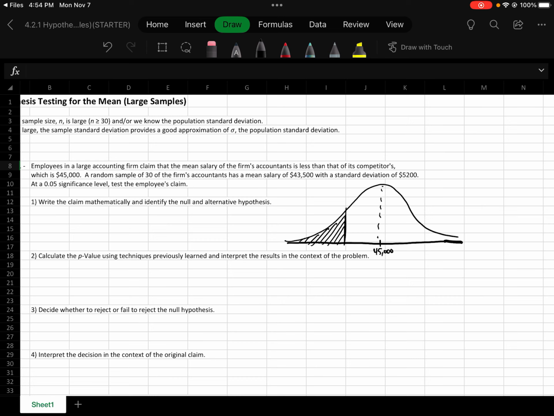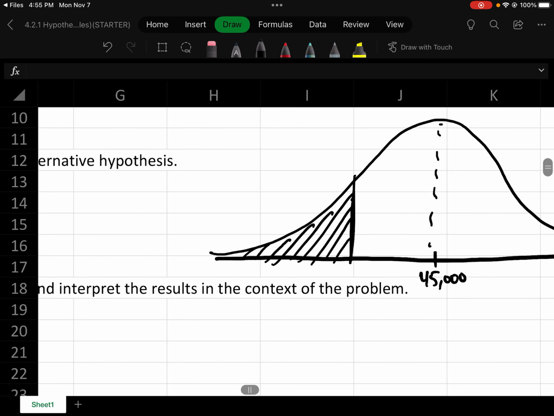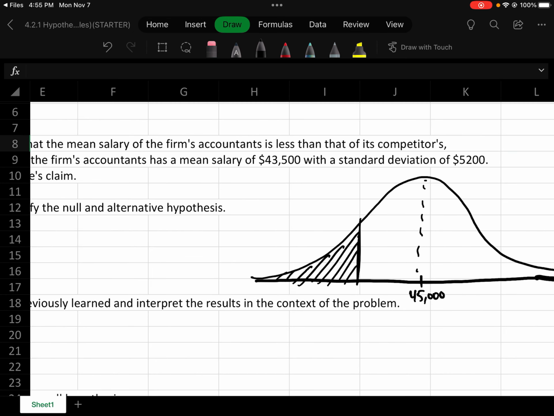$45,000. Now, our goal here with the 0.05 significance level, that means if the probability of getting a sample mean of 43,500, if the probability of getting a sample with a mean this low is less than 0.05, then we can reject the null hypothesis. Otherwise, we fail to reject the null hypothesis because we don't have enough evidence to do that.